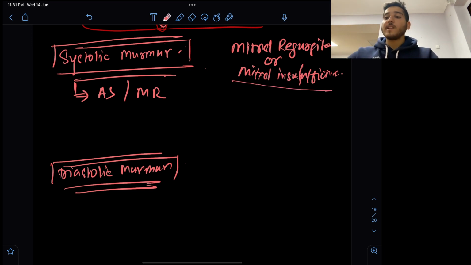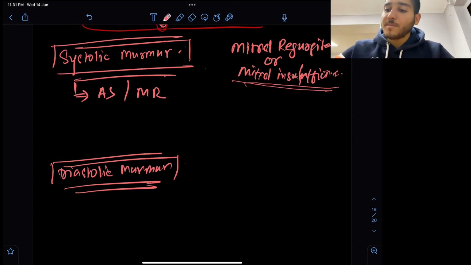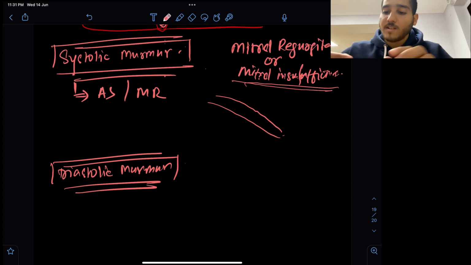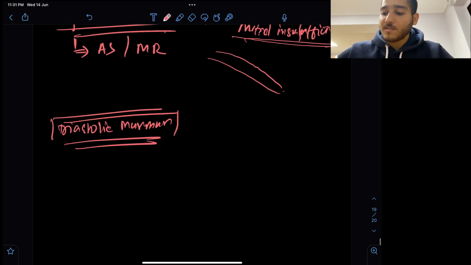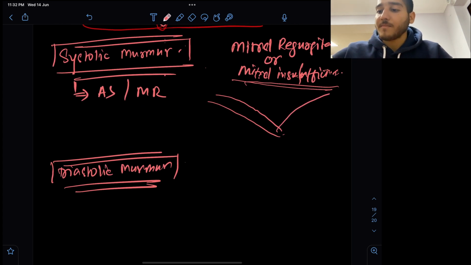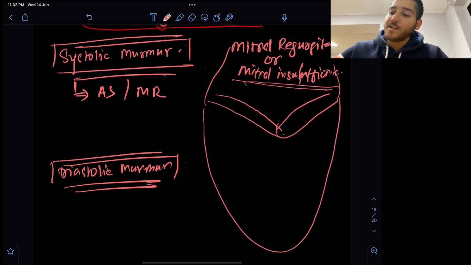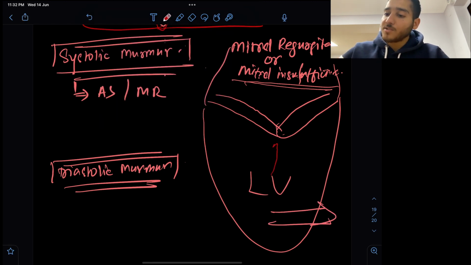If there's no proper closure of the mitral valve, see, normally mitral valves should close like this. There's one cusp and there's another cusp. Let's say this is the left atrium, and this is the left ventricle. During the systole of the left ventricle, all blood should go this side and no blood should go this side, because these cusps are closed.